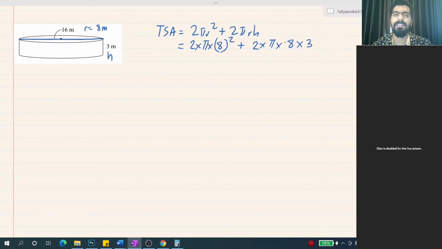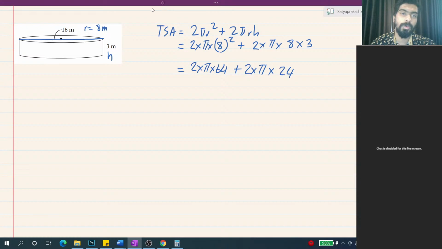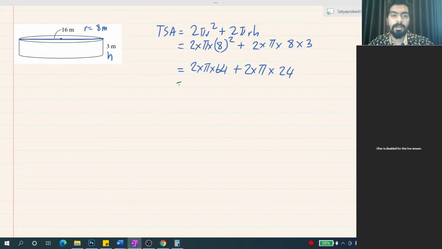Let us break it down. 2 times pi times 64 plus 2 times pi times 24. 8 times 3 is equal to 24. Now, 2 times 64 is 128 pi, plus 2 times 24 is 48 pi, right? What do you have here?